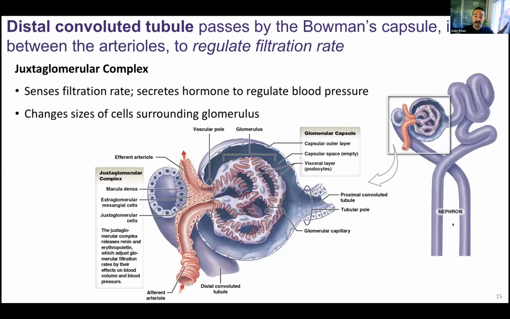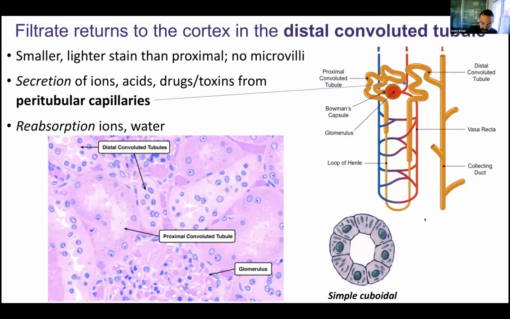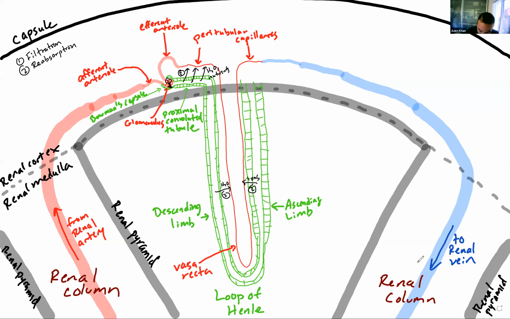The way I'm going to draw it, let's actually draw it right now, and then I'll come back. So in a very simplified way, this is not anatomically accurate. I'm drawing my distal convoluted tubule, simple cuboidal epithelium. I had to draw microvilli for the proximal.